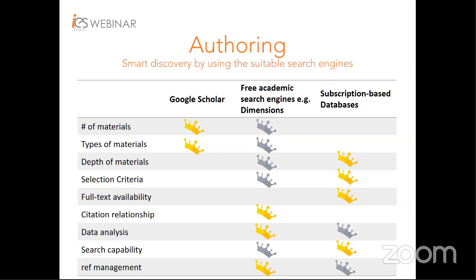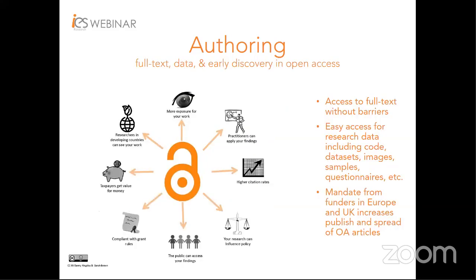You could easily get the information of subscription-based databases from your institution library. By knowing the pros and cons of different databases, you could save the most time and get the most relevant results out of them.